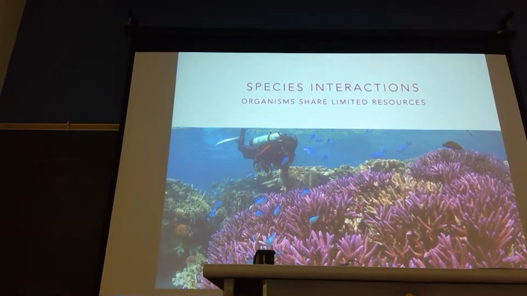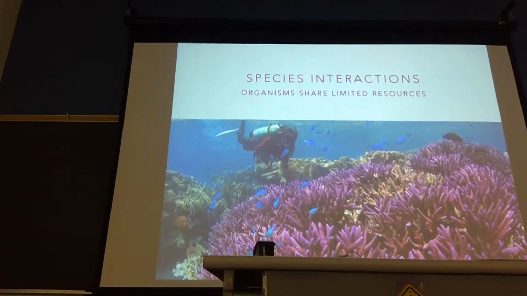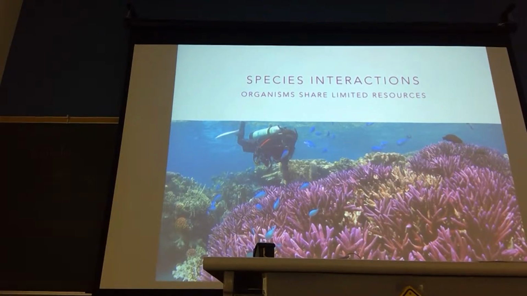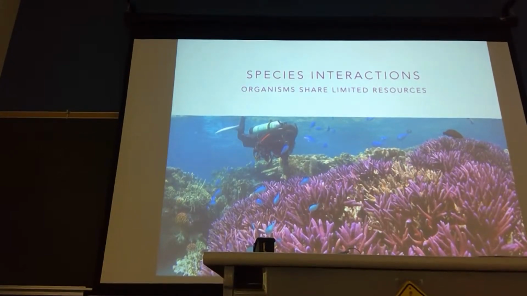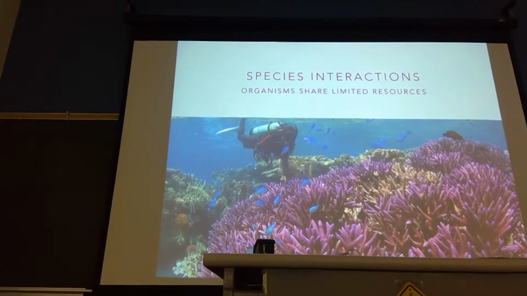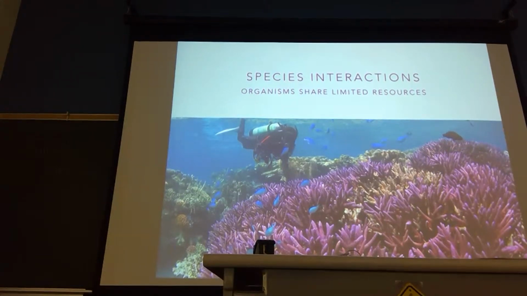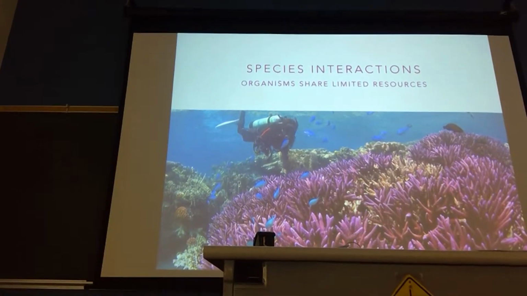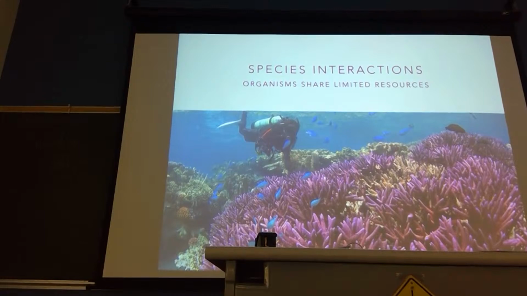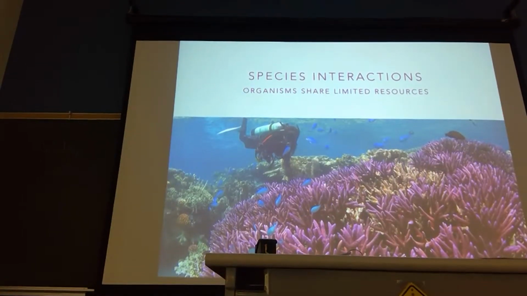The main mechanism in which organisms interact is competition. We have lots of organisms in the picture here which are competing for a variety of different resources. It happens across all types of species. It happens within a species, and it happens between different species that share a very similar ecological niche or that share a food resource or habitat resource.